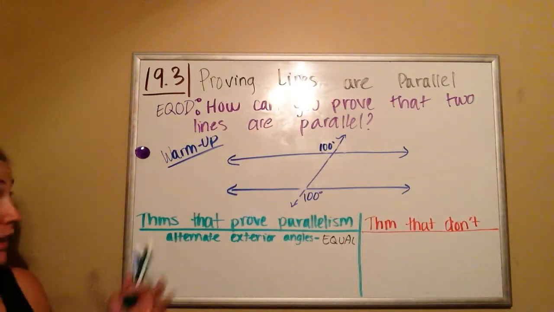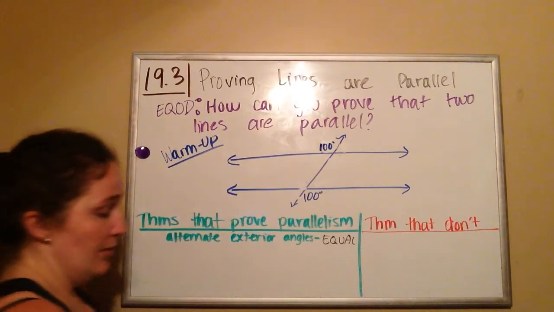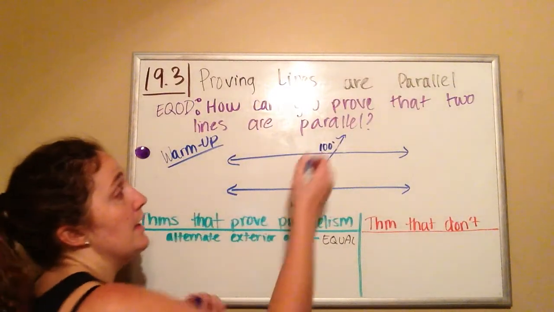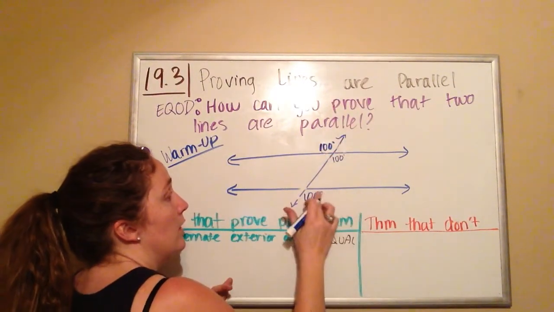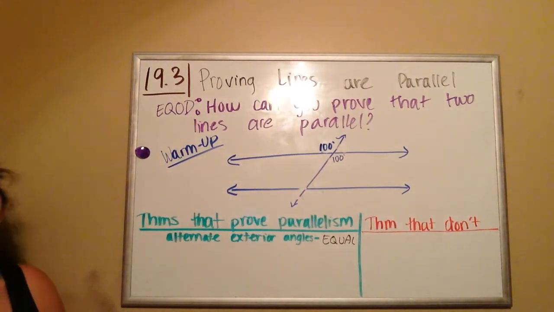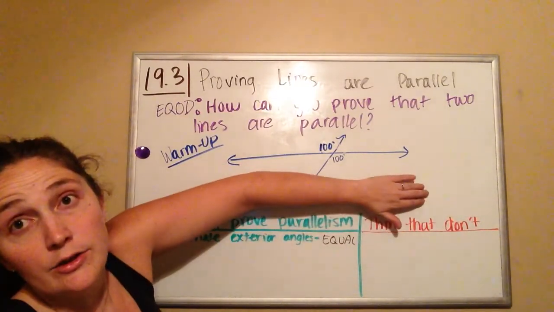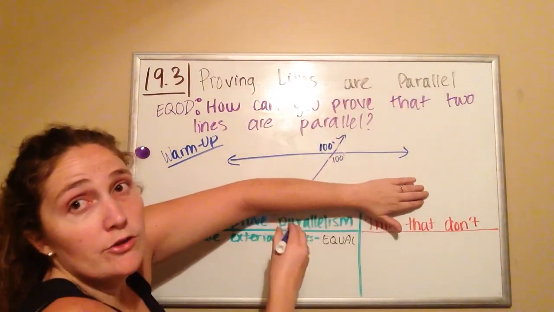Something that I see right now that we could use right away, and that we can always pretty much use right away, is vertical angles. The opposite of this angle is 100. So if we look at just using that vertical angle, it has absolutely nothing to do with this line right here. It only has something to do with one line and the transversal.